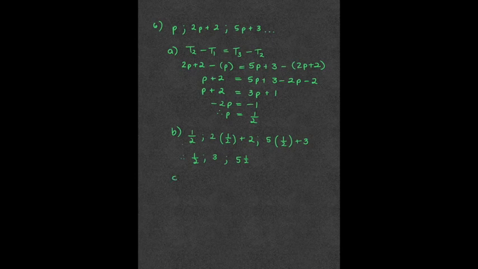All right, let's have a look at C. Find the 49th term. So by now we're going, all right, I know what to do. Nth term first. So Tn is equal to a, term 1, a half, plus n minus 1 times the constant difference we just spoke about, 2.5.